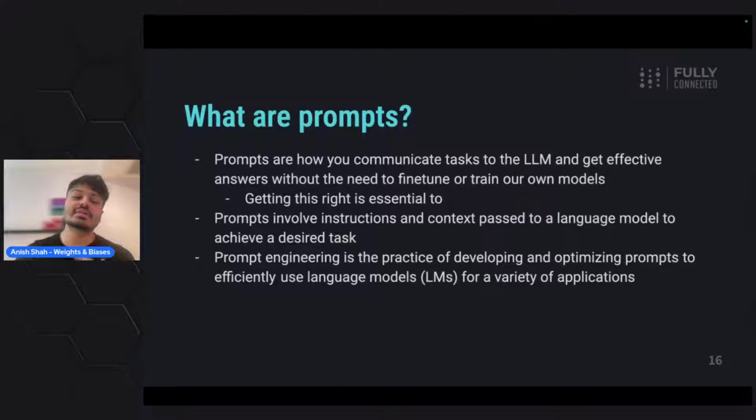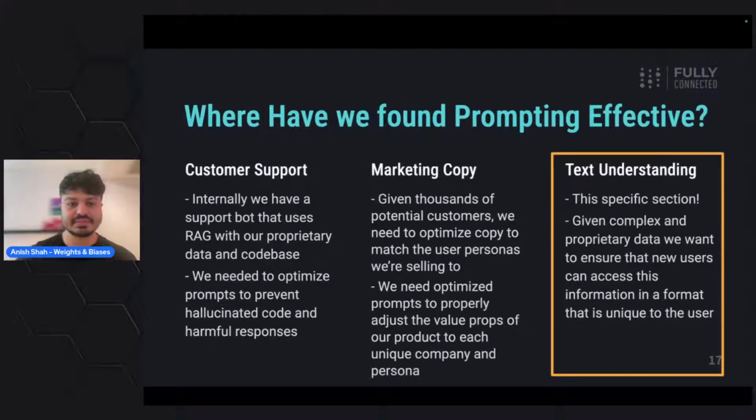And so we hear about this technique, this paradigm called prompt engineering. That's a practice of developing and optimizing prompts so we can use LLMs effectively for the different applications that we're building. For instance, some that I'll talk about later are customer support and marketing copy, two things that I, as a growth machine learning engineer, really care about.